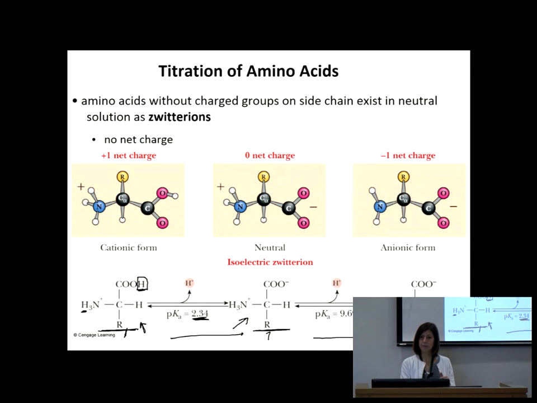So again, let's remember, at the pKa, equal amounts proton on, proton off. Below the pKa, more proton on, it's more acidic. Above the pKa, more proton off. The first pKa we get to is for the acid.